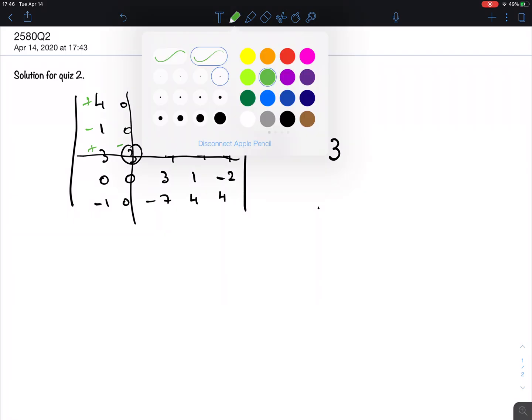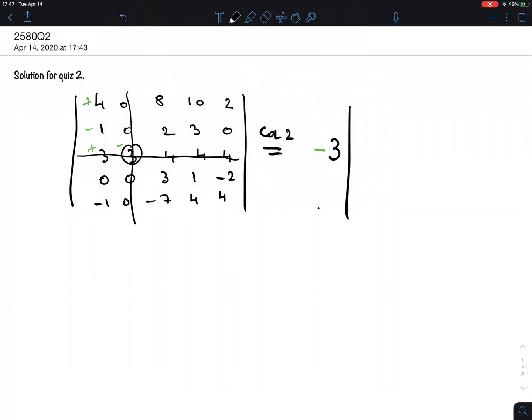And what we're left with then is this determinant: 4, 8, 10, 2, 1, 2, 3, 0, 3, 4, 4. Oh, no, not that one, because that one we erased, right? So 0, 3, 1, negative 2, and negative 1, negative 7, 4, 4.